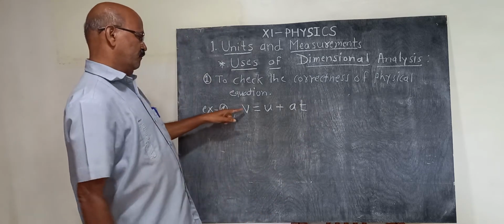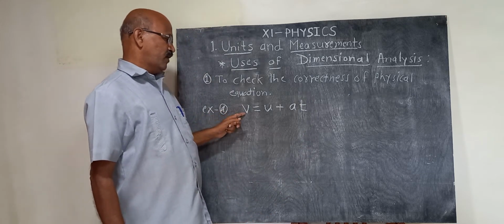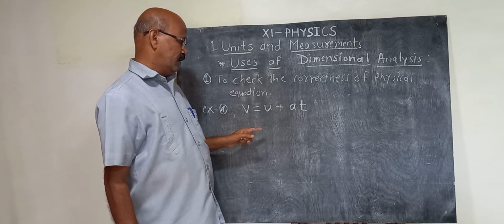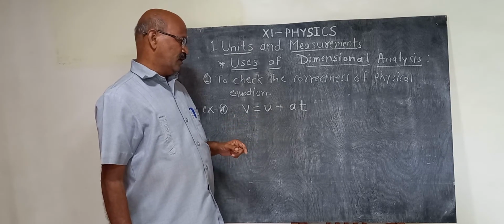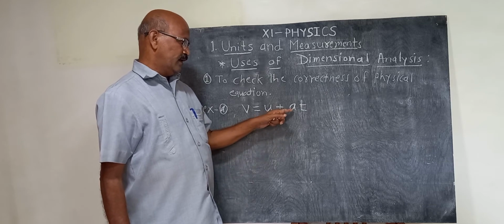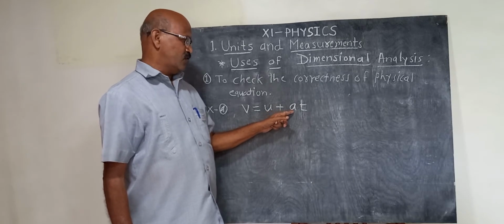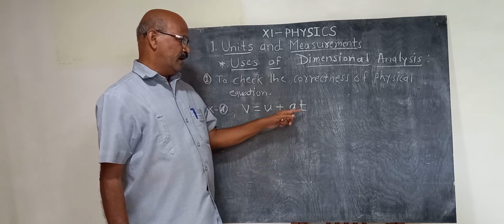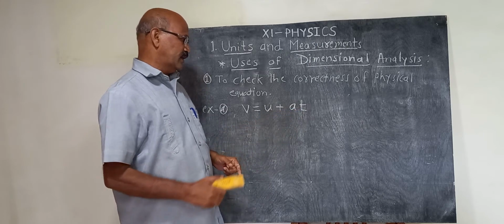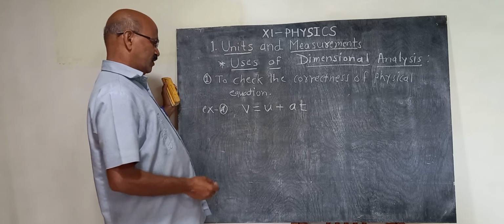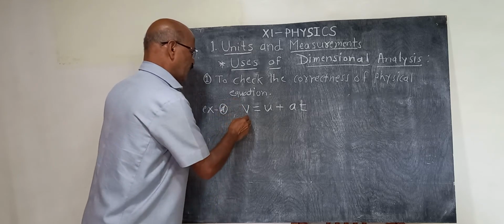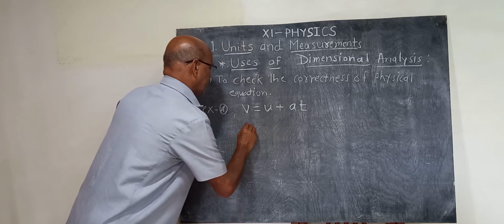where V is the final velocity, U is the initial velocity of the particle, A is the acceleration of the particle, and T is the time. By using dimensional analysis, first we obtain the dimensions of velocity.